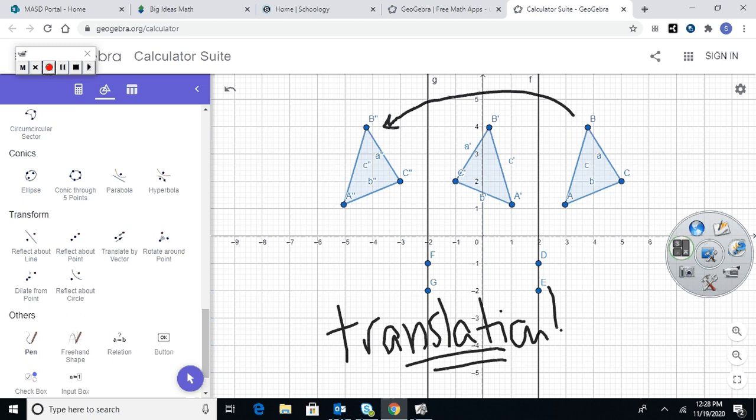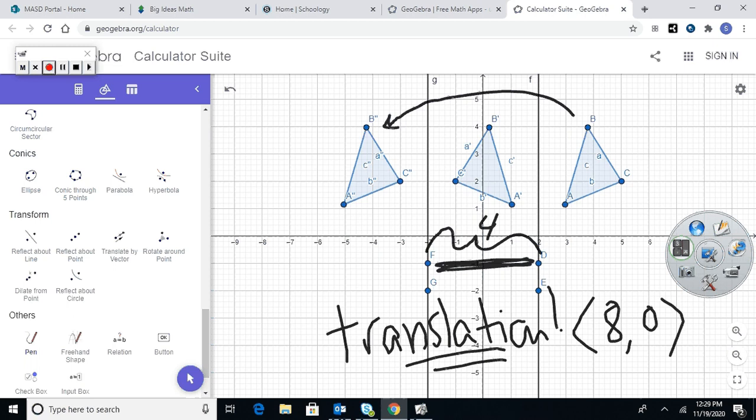Now you can tell how far it moved based on how far apart your parallel lines are. So they're 4 units apart, from 2 to -2. So therefore, the translation is going to be 8 units.